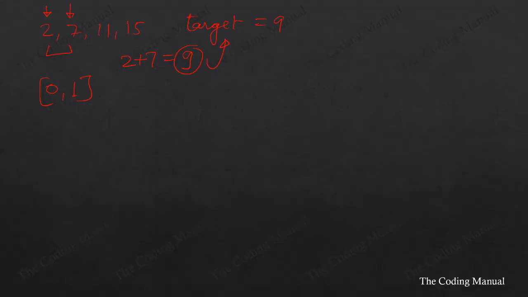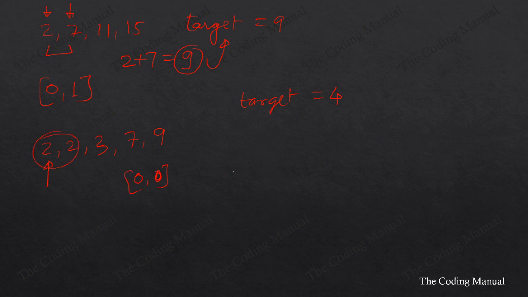So if the case is like 2, 2, or suppose this is 3 and 7, 9, and the target is given like 4, we cannot use this element twice and say the output is 0 and 0. We will have to give output as 0 and 1.